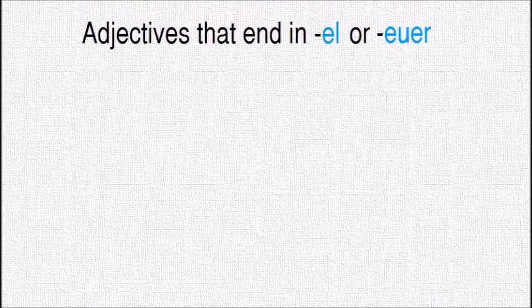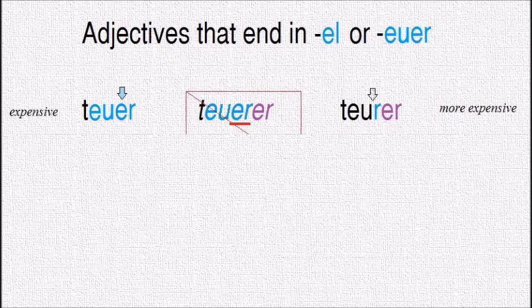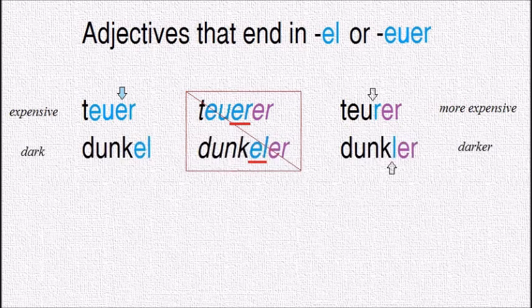There are a few adjectives ending in -el or -euer, and they lose that e for phonetic reasons. For example, teuer, not teuerer, but teurer. Dunkel, not dunkeler, but dunkler.